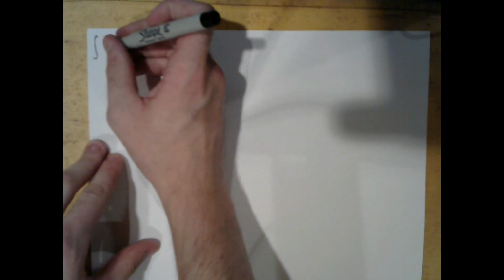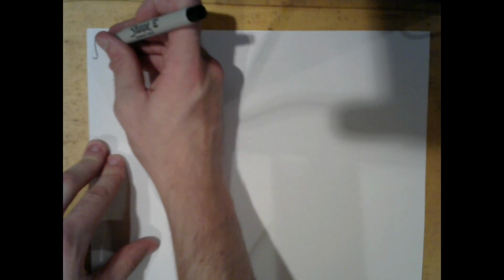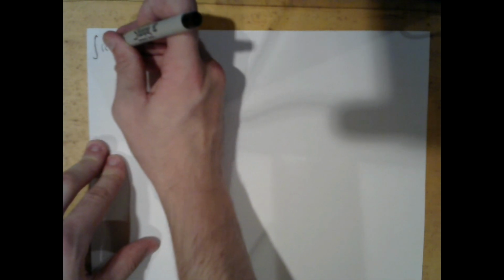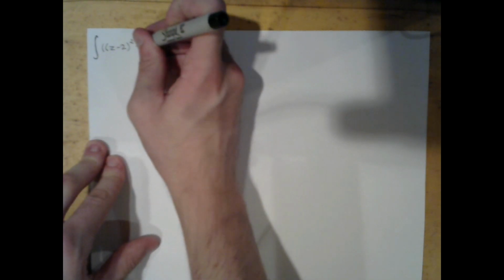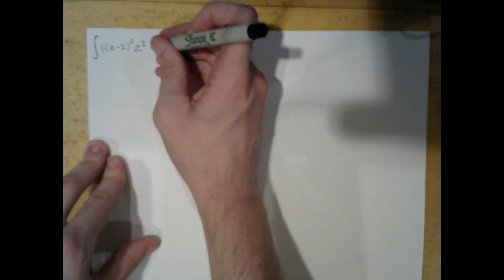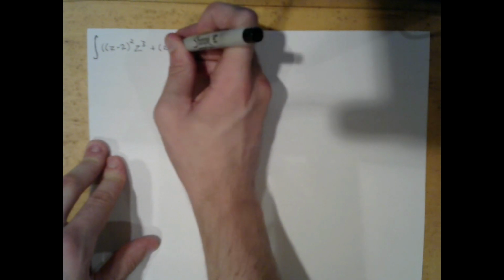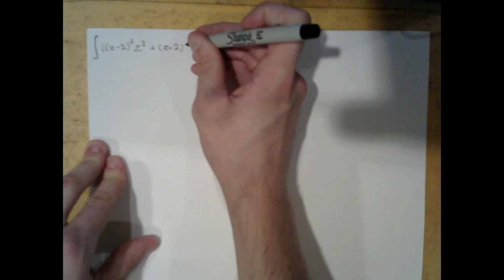Sorry, just going to start on another piece of paper here. Okay, so now we're going to be looking at the integral here. This is our next integral, and we've already pulled the 6 over h pi out front. So we're going to be looking at the integral of (z minus 2) squared z cubed plus (z minus 2) cubed z squared.